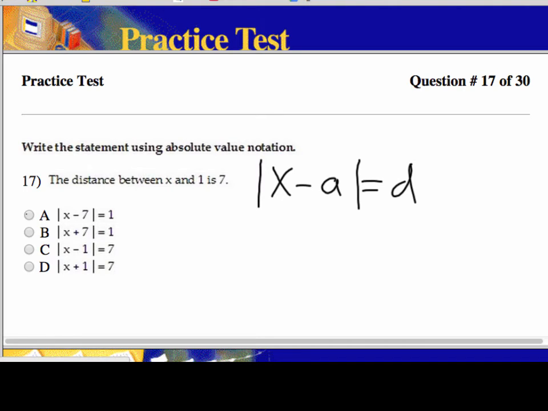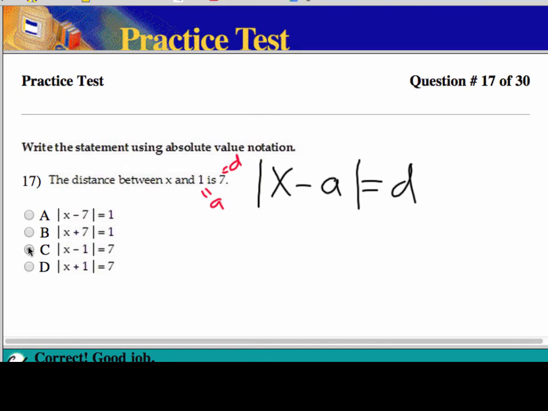So it can't be A, because we don't have a 7 here. And it's not B. So it's either C or D. Which one is it? It's not D. It's C. I had a 50-50 chance and I failed. So this is the a term, and this is the distance, okay? Any questions on that?